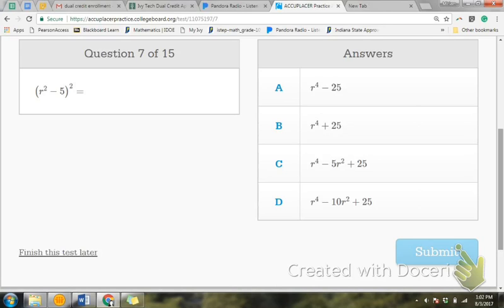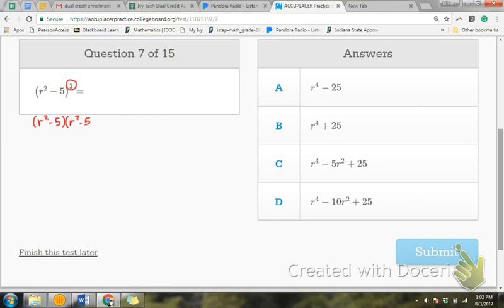Okay, what does this 2 mean? It's that twice. You have to write it twice. So this really means r squared minus 5 times r squared minus 5.